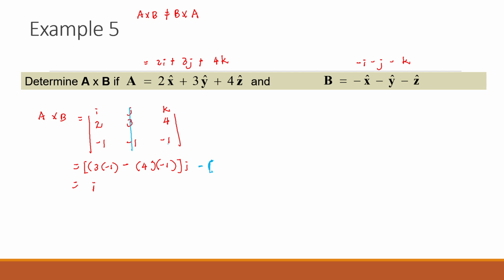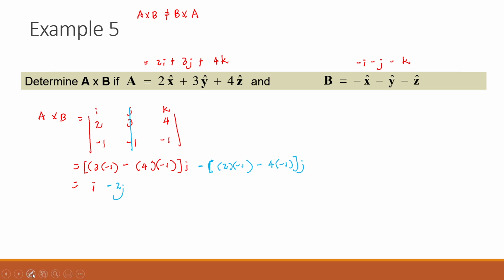So you have 2 times negative 1 minus 4 times negative 1 for component J. So you have minus 2, add up with 4. 4 minus 2 is 2. So minus 2J. Or you take this one: negative 4 plus 2, negative 2J.